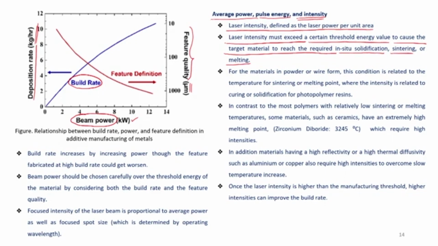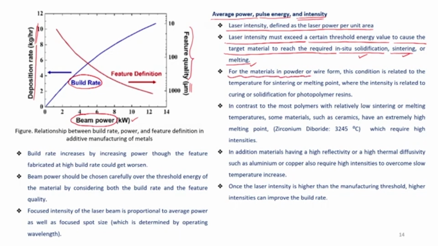So, we have to generate the laser intensity in such a way that it generates the required solidification in case of polymers, and sintering or melting in case of the SLS based process or the SLM based process.